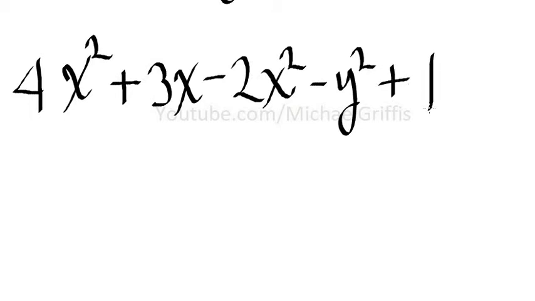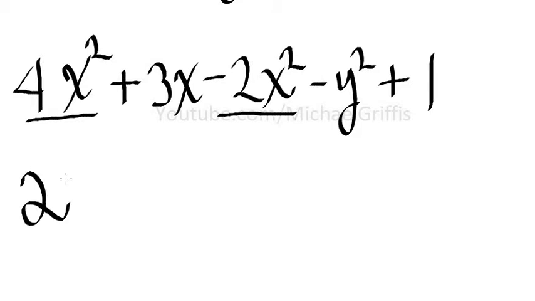Okay, so it looks like we're going to be able to simplify this polynomial expression. Let's look at all the like terms. So we have 4x squared and a 2x squared. So we look at their coefficients. 4x squared minus 2x squared, 4 minus 2 is 2.